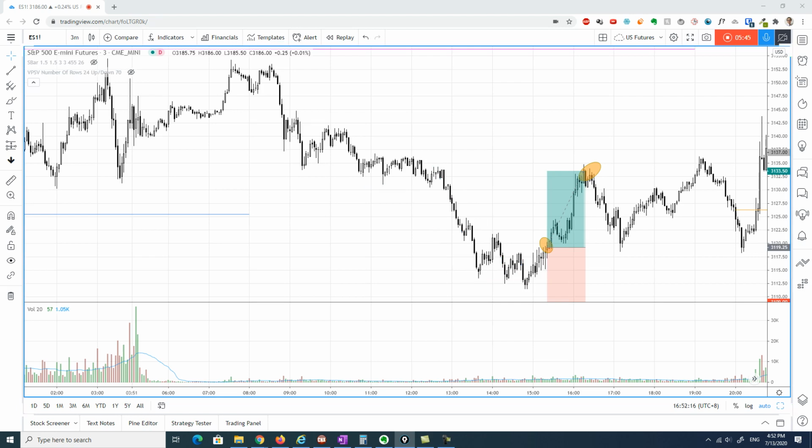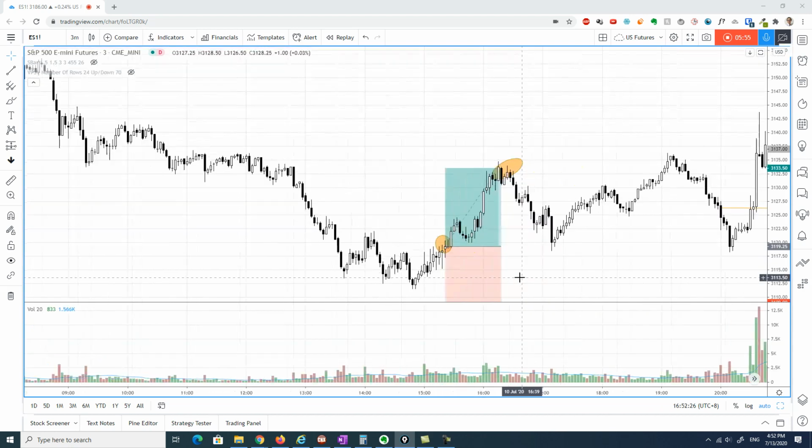This is one of my favorite setups. What I'm looking for is some kind of demand to kickstart the rally. You can see that this is quite a nice run up here, followed by holding up of the gain.